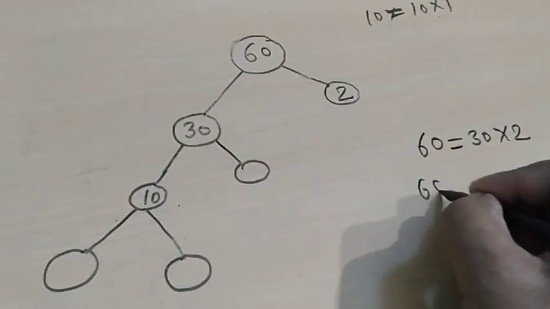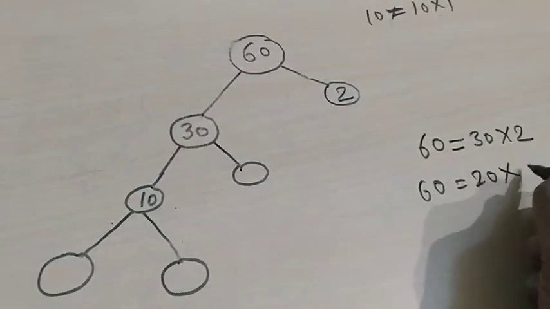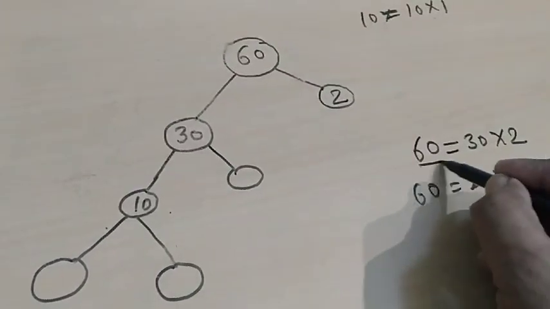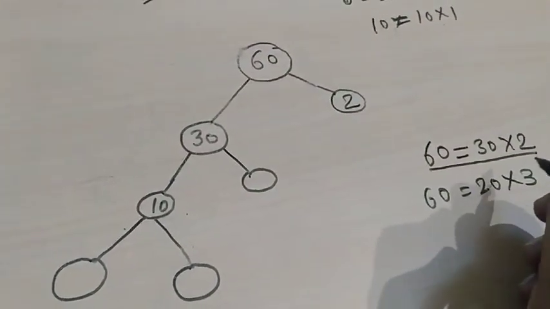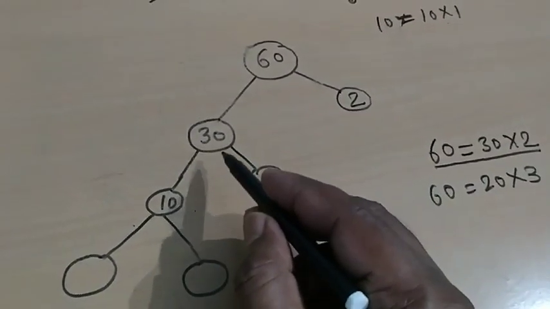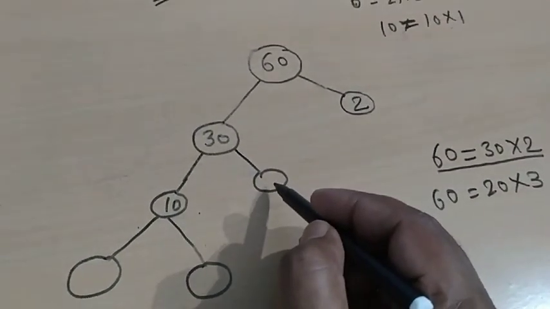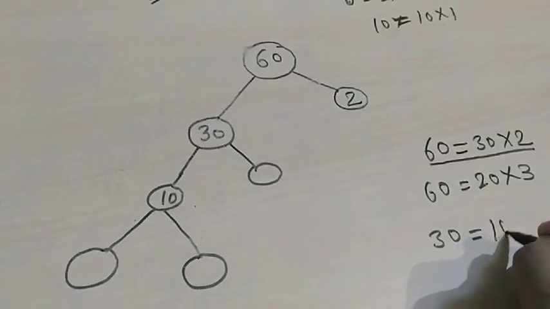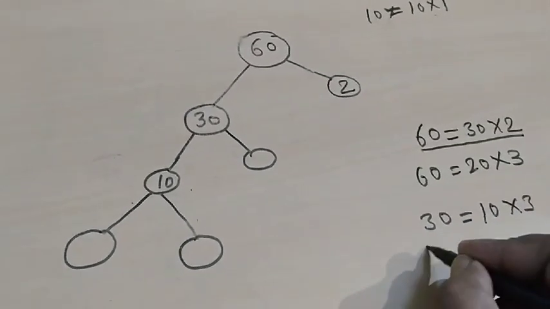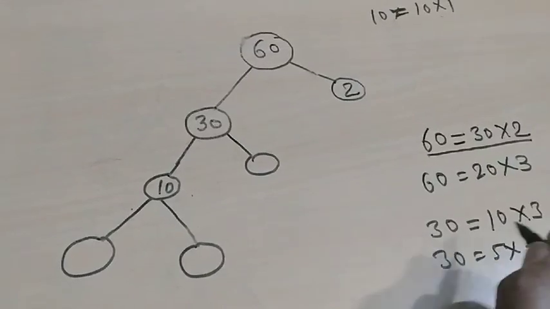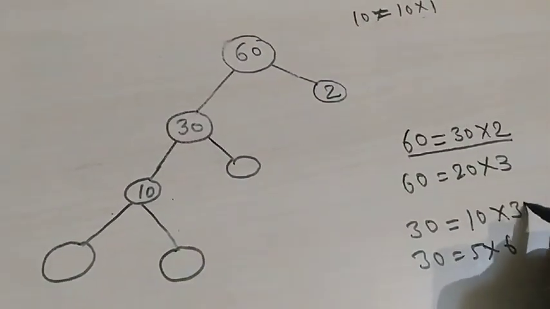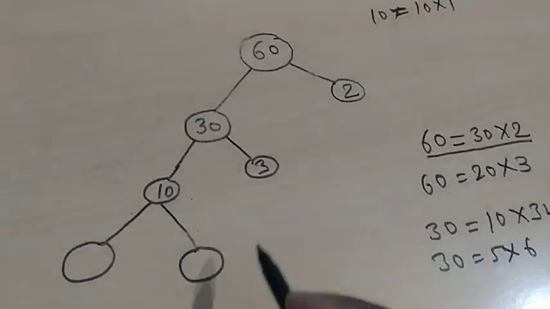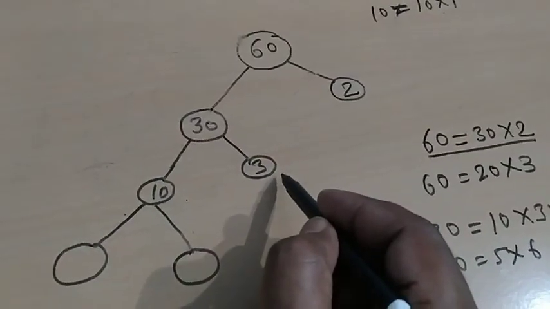You can also write 60 is equal to 20 times 3, but here it's given 30, so we use this factor. Now 30, break it into 2 parts, 10 times something, the number is missing. We know that 10 times 3 is 30. We could also write 30 is equal to 5 times 6, but here 10 is given, so we select this factor. So we write here 3. If you divide 30 by 10, we obtain 3.